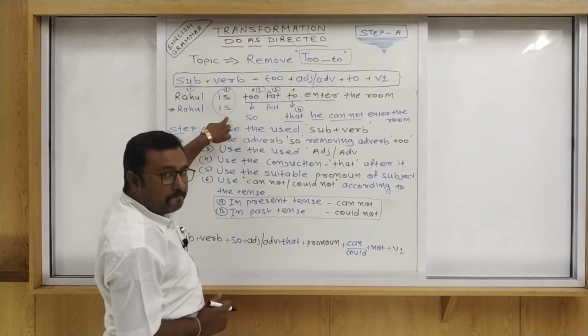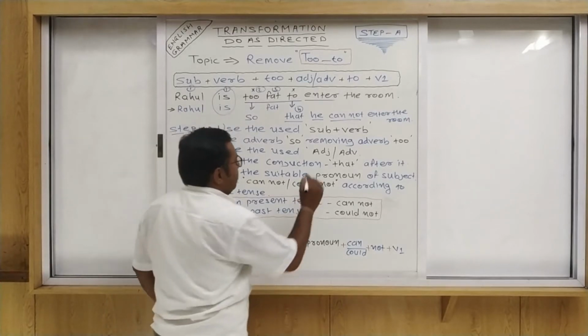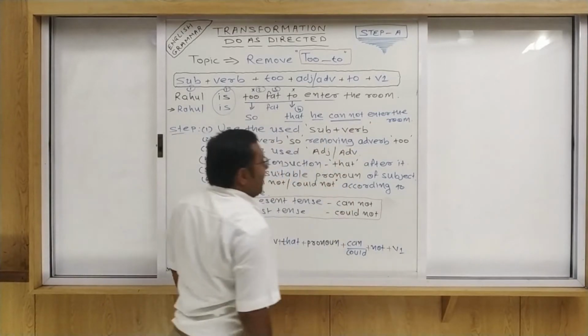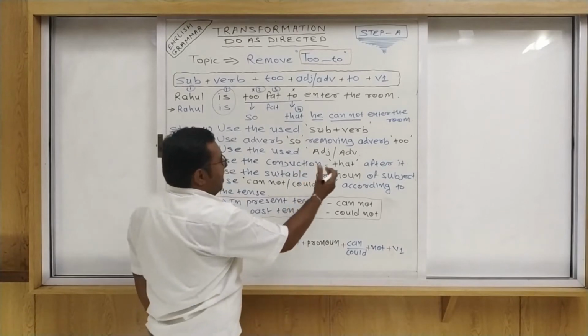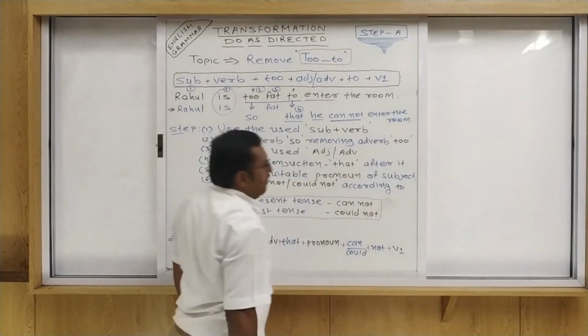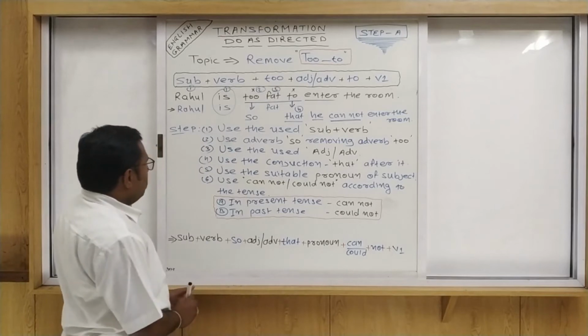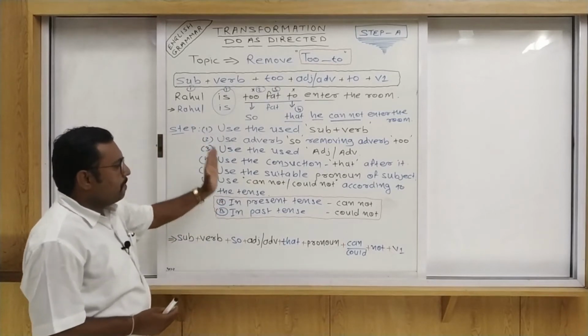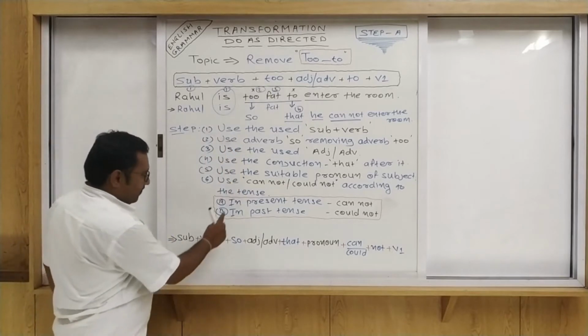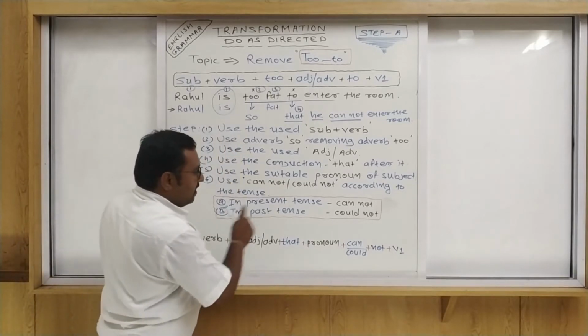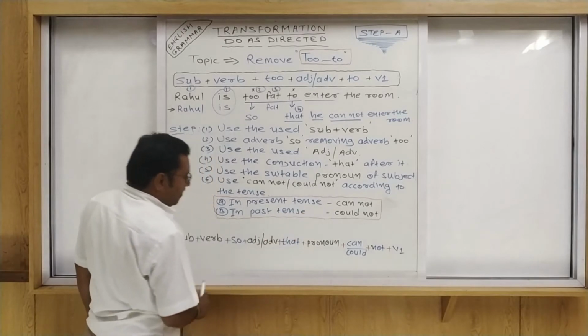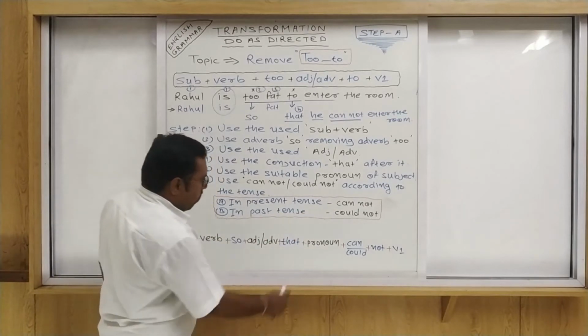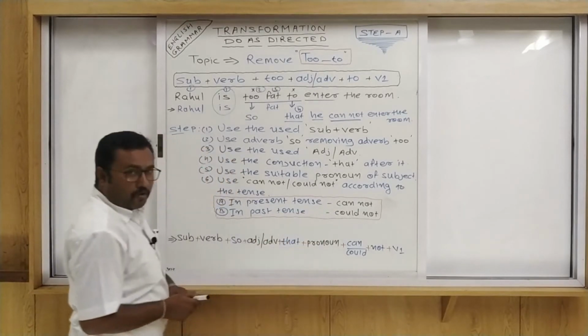Simple present tense. So we can write 'cannot', and after that the main verb. Please keep in mind the steps one by one. In present tense we use 'cannot', and in past tense we use 'could not'.